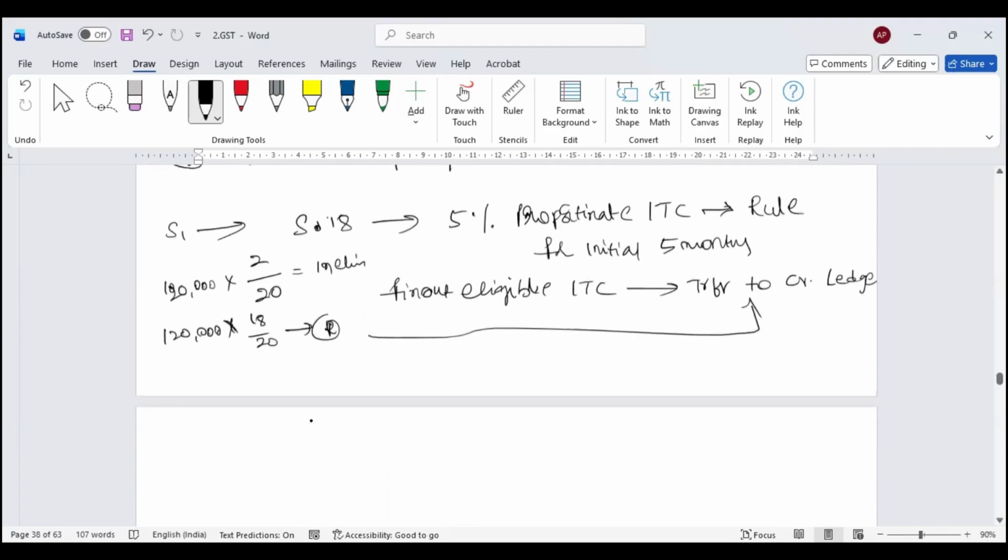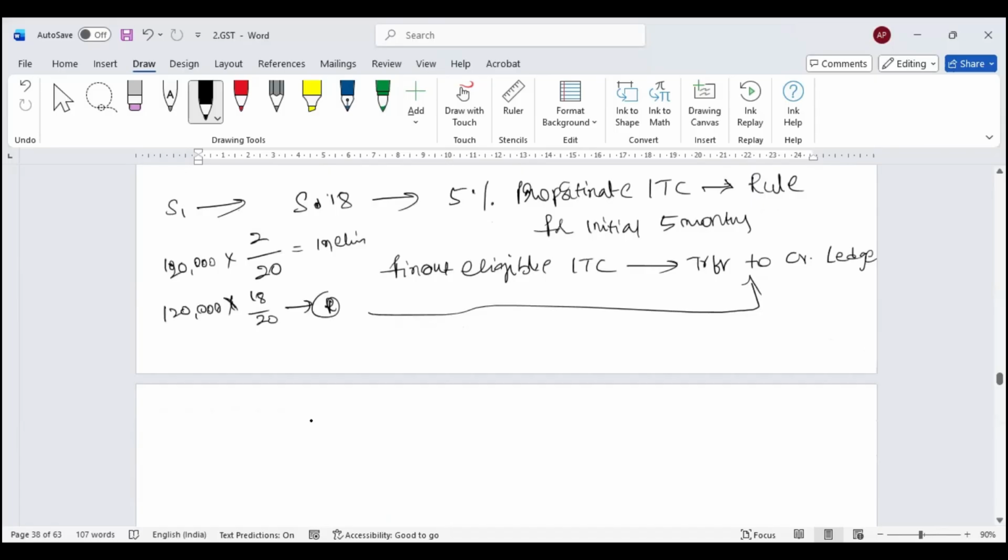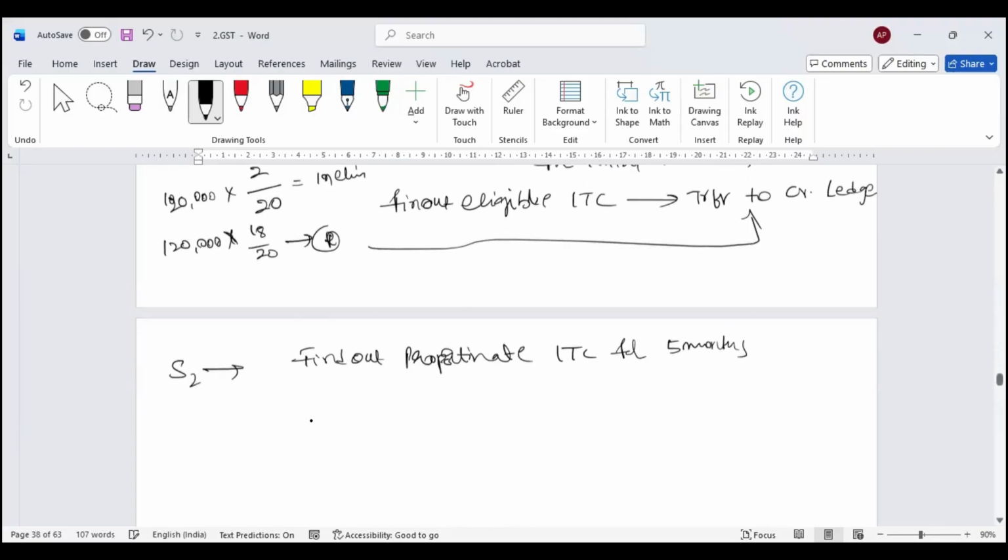Now, what happens? Sir, in scenario 2, like scenario 1, find out proportionate ITC for that first 5 months.